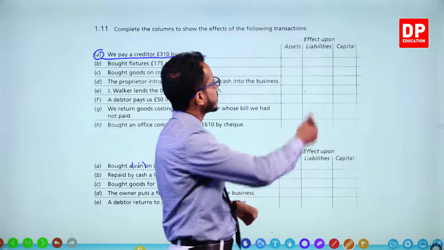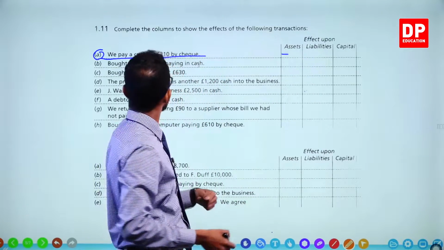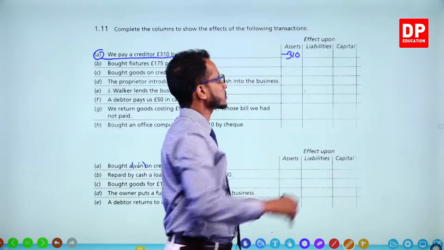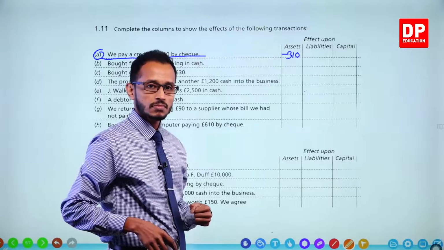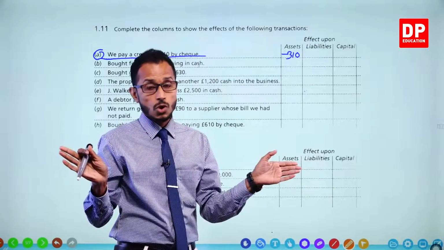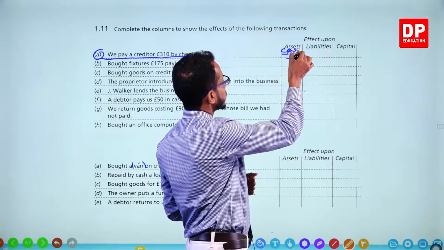So cash decreases. Under assets, cash decreases. Minus mark. How much? 310. Because there are no separate columns for cash, I will write cash here.